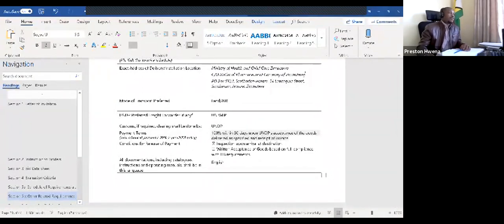Then in terms of payment terms, as UNDP, our policy is that we pay 100% within 30 days upon acceptance of your goods when you have delivered. So we pay you after you have delivered your goods.